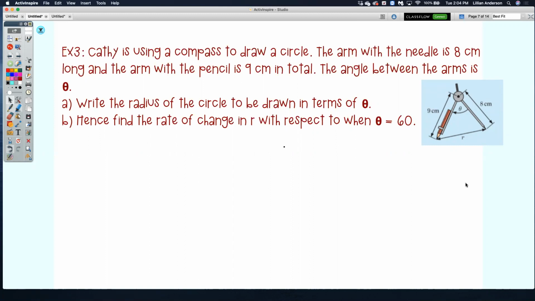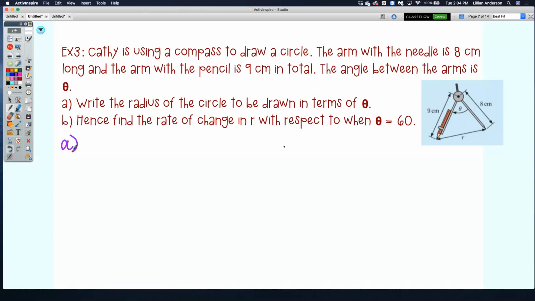Now, granted, this has to be in terms of theta. So, which one do we want to use? The fraction one or the long one?